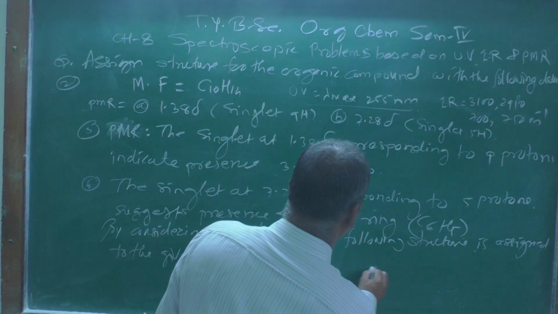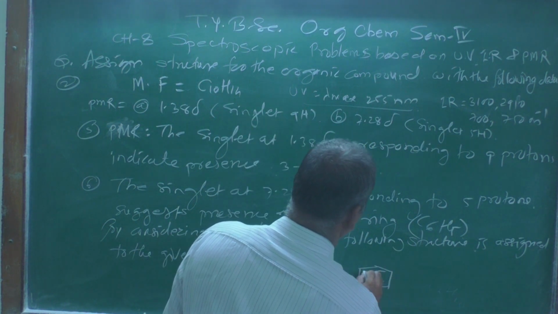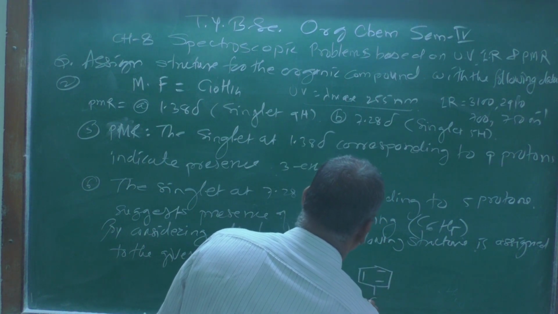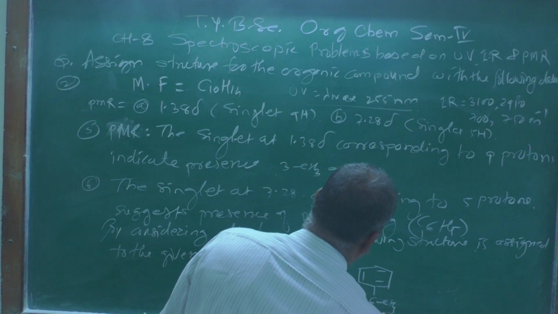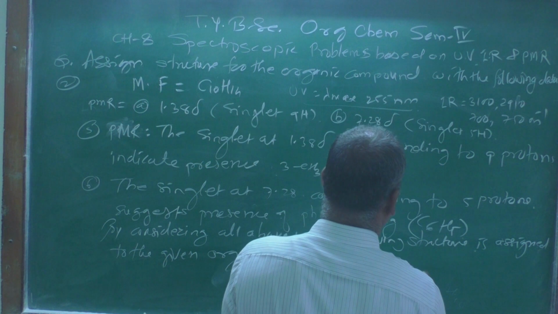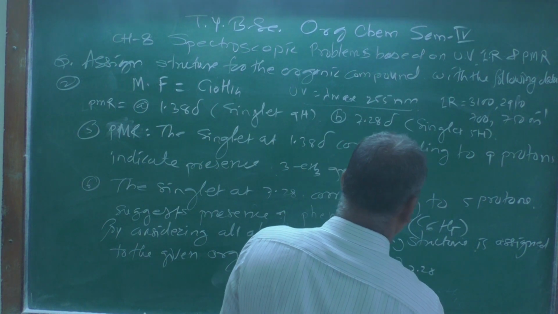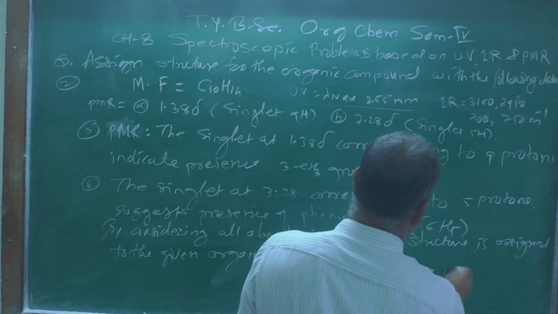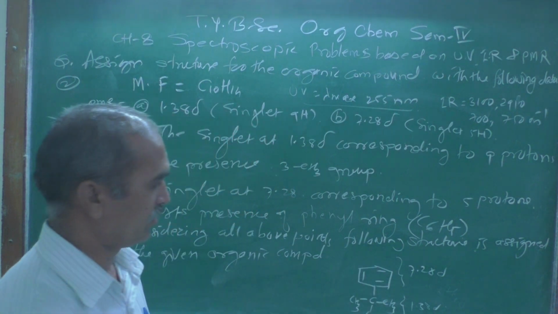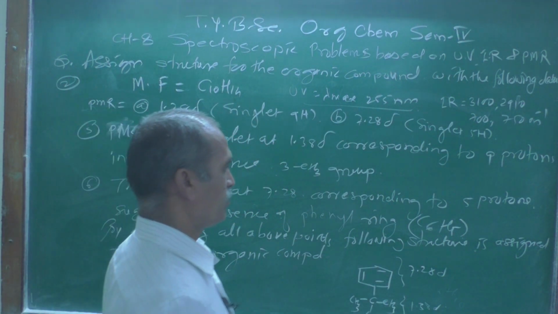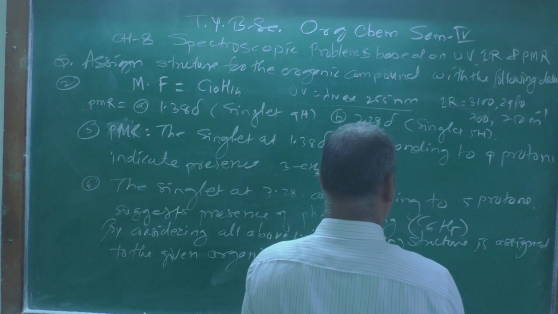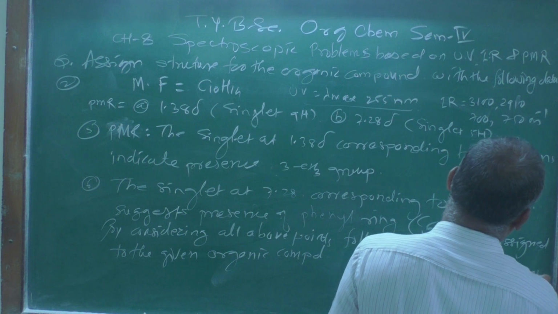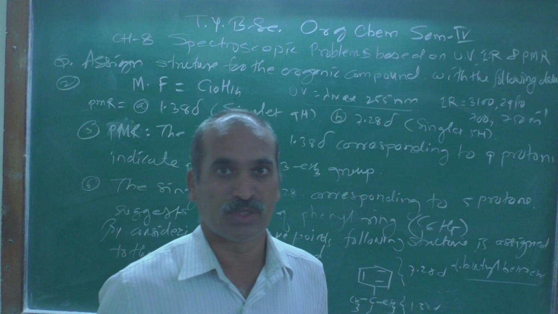So we know the structure of this is this one. Here we can write CH3, CH3, and CH3. Look, this is the aromatic at 7.28, the aliphatic at 1.38 delta value. This is a singlet, this is also a singlet, 5 protons are there, and this is tertiary butyl benzene. This is the name of the compound which we got over here.